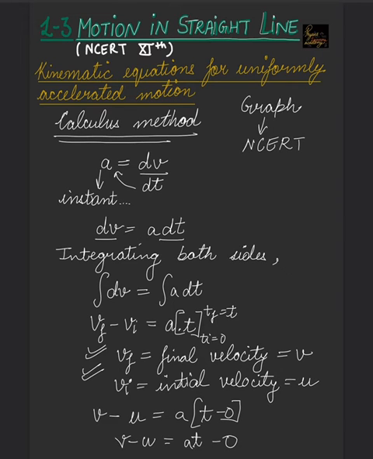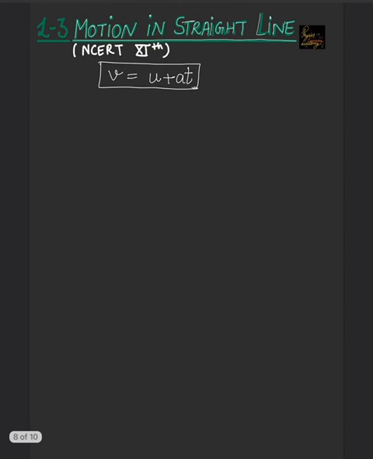Then we start integrating both sides. So dv is simply vf minus vi, a t, initial time 0, final time t, and v is final velocity, u is initial velocity. Then we have to do the second part, for the second equation.